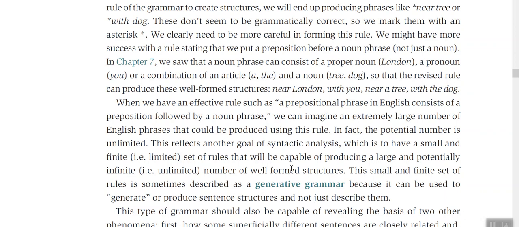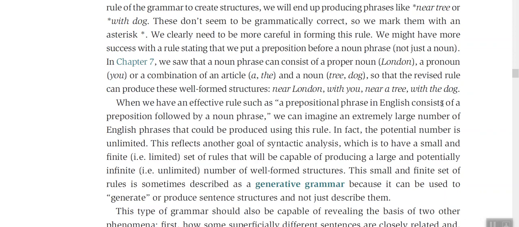You see, a limited number of rules can create an unlimited number of sentences. Like this one, we have preposition plus noun phrase. So we have near London, with you, near a tree, with the dog, and so on.